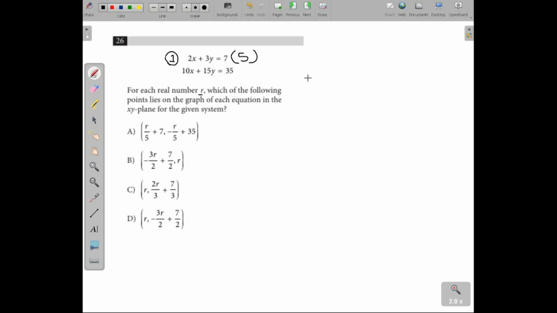We'll copy the first equation, 2x plus 3 times y is equal to 7. Now we'll replace x with r divided by 5 plus 7, and for y, negative r divided by 5 plus 35.